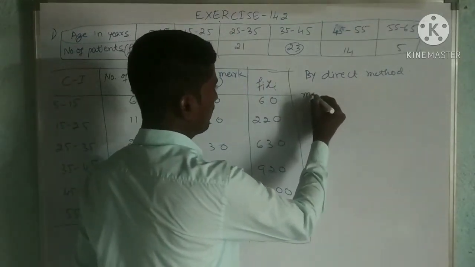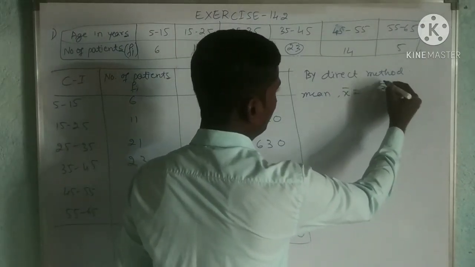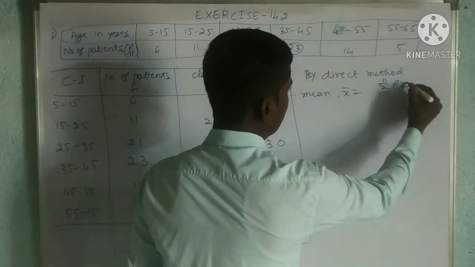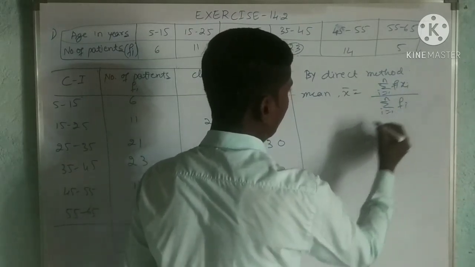Mean x bar is equal to summation i equals 1 to n of fi into xi, divided by summation i equals 1 to n of fi.